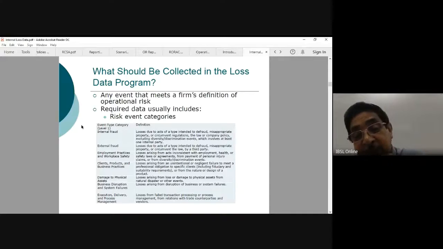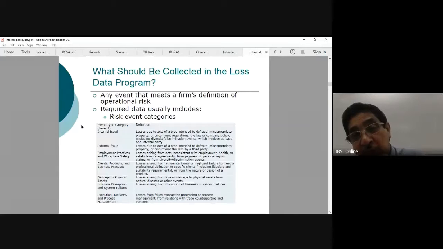Sometimes organizations don't have safety measures, and if employees have been victimized with certain damages or certain types of injuries, then the organization has to pay compensation. So that is coming under employment practices and workplace safety. Even discrimination events.